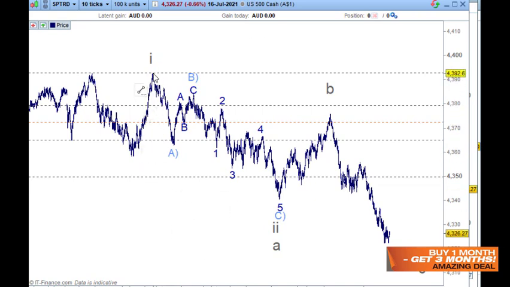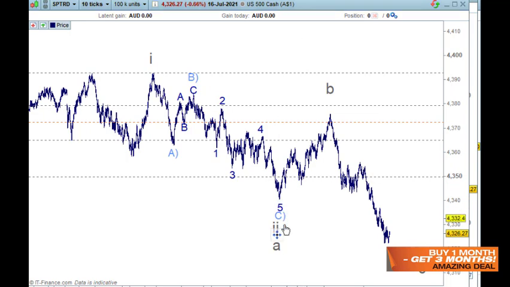From this top here, I can count this down as a move down anyway, and then a wave B back. This is how we were counting it, as 5 waves down, 1, 2, 3, 4, 5, with a bit of an overlap here for wave C of 2. But what this does is leave us, from the top here, with this wave and 5 waves here. So we could look at it as an A, B, C for a larger A wave.